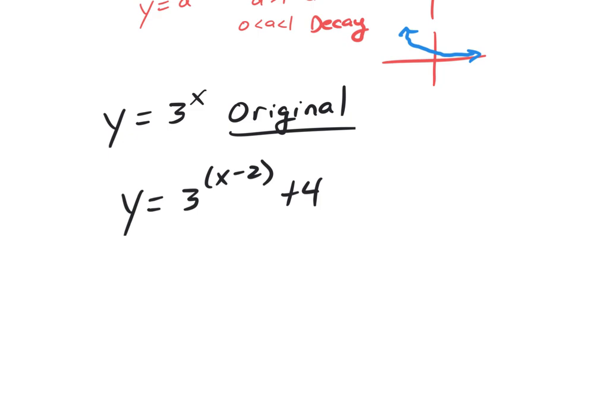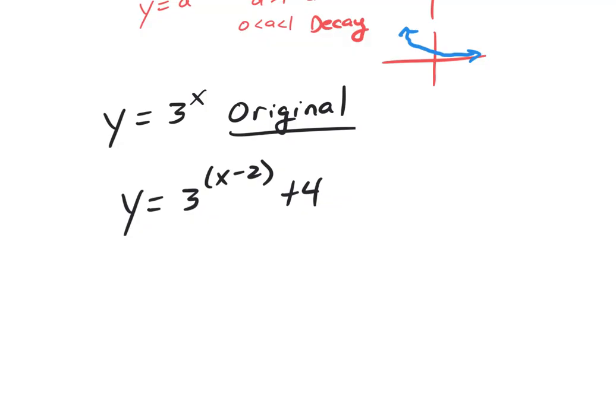So if I write out this function, I want to talk about the changes or the transformations that are happening to get from the original to the new one. Notice the 3 doesn't change. Some people were trying to say what the 3 did to the function, and the 3 doesn't do anything. The 3 is part of my original function. The only 2 things that change it are the 2 and the 4.